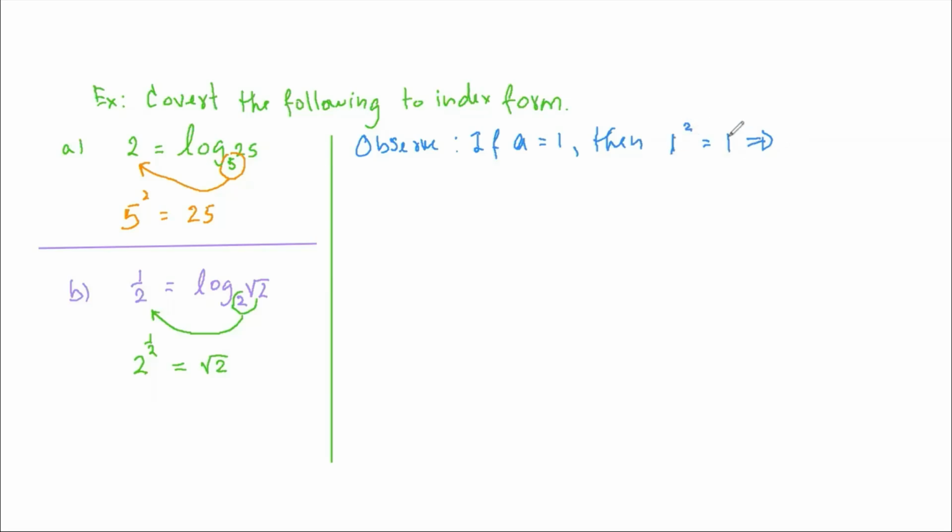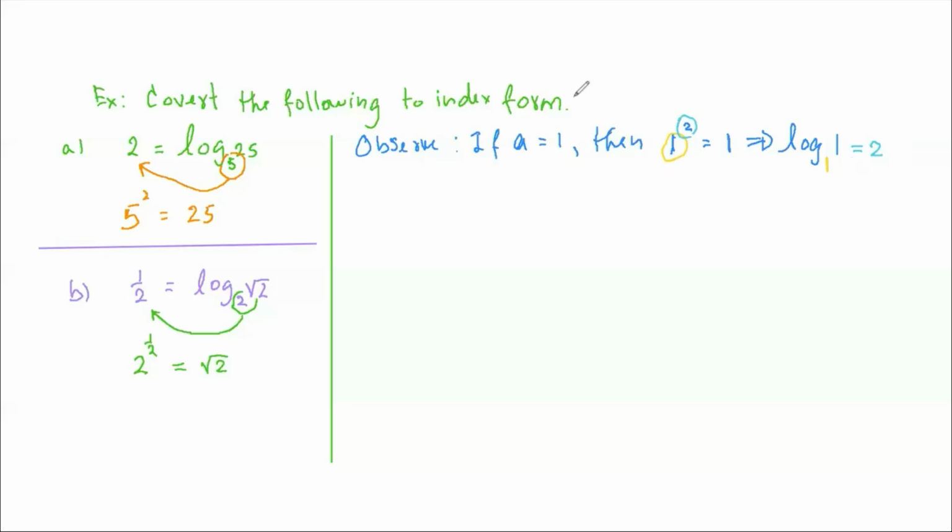So I take log 1 here, okay? Then I move the base of the exponent, which is 1 here, and write it down here to be the base of this one. And then equal to 2, the index 2 moves down to take the place of number 1, so equal to 2 here.